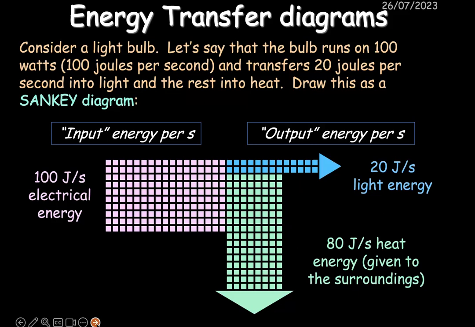So you haven't lost energy, useful is 20, wasted is 80, and you can then work out the efficiency as well using these diagrams with the mathematics that we have just learnt.